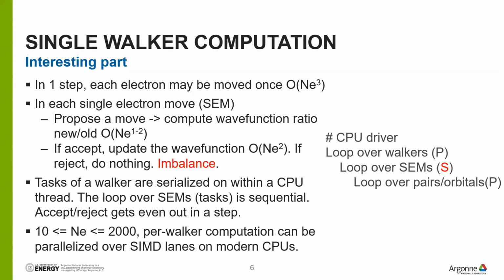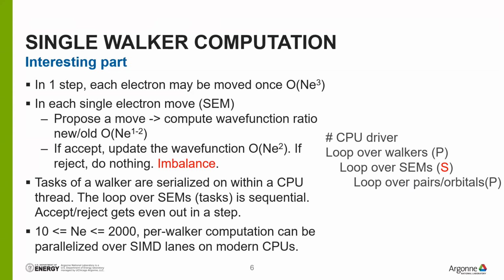So within a step, we have to propose a move for each electron, and each electron will be moved, the move will be proposed once. So the total computation cost is N cubed. Within each single electron move, there is some computation where you propose a move and compute wave function ratios. The cost is N to the first or N to the second.